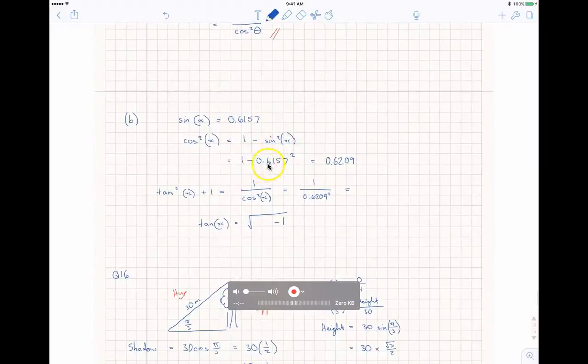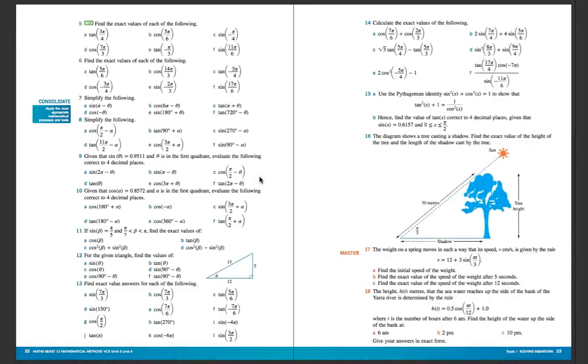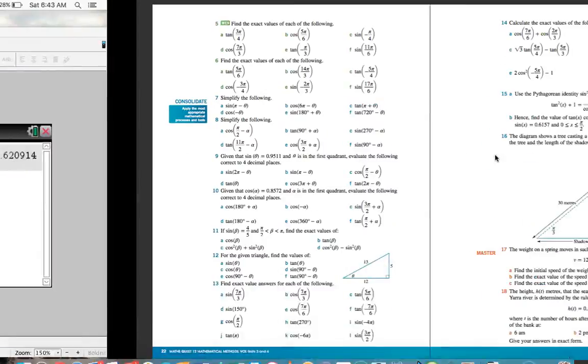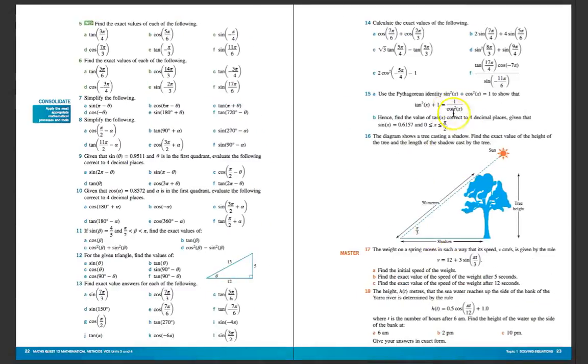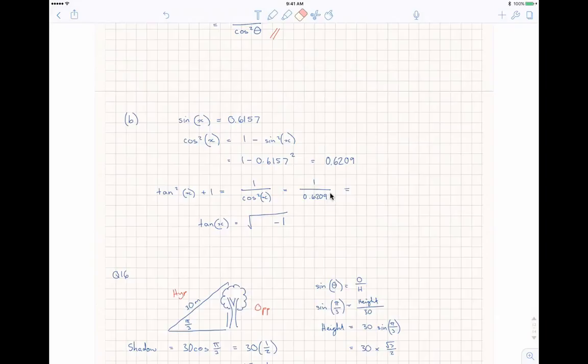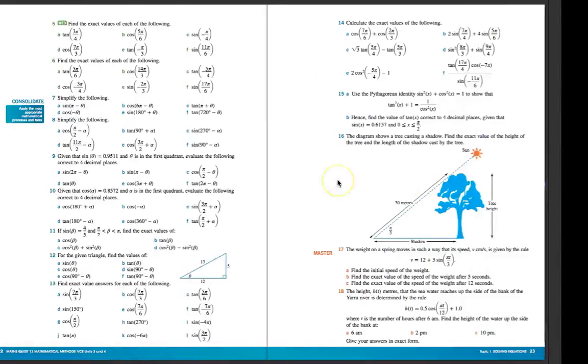So squaring 0.6157, 1 minus that number, you can do that on your CAS. You should find that, once you type that in, that is 0.6209. So now using our rule, we know that tan squared of x plus 1 is equal to 1 over cos squared of x. So just putting in the value that we just found for cos squared of x, dividing 1 by this answer that we just found.